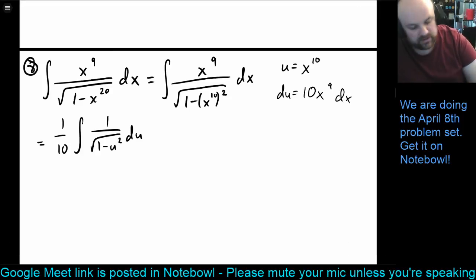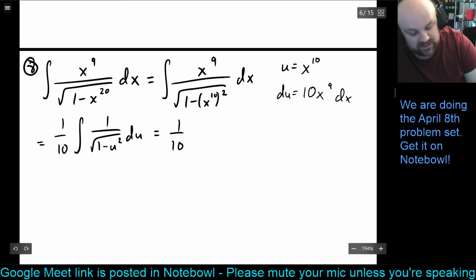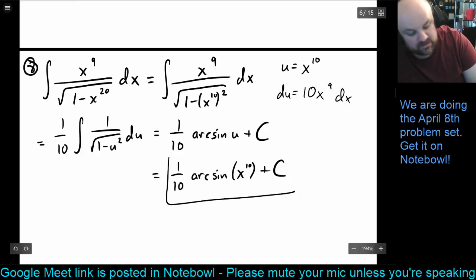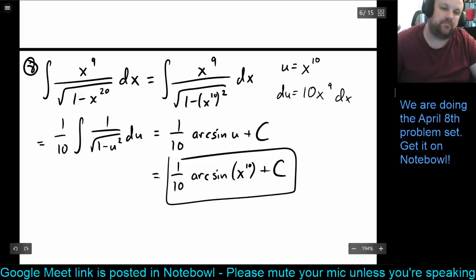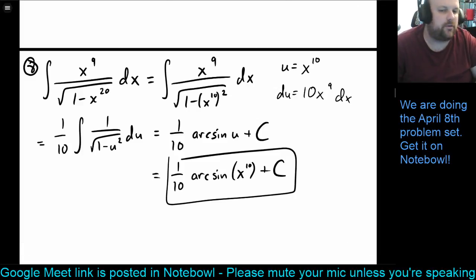And so we get 1 over 10 arcsine of u plus c, which is 1 over 10 arcsine x to the 10th plus c. That's it. A pretty straightforward integral, I think. At least compared to some of the other ones we've done.